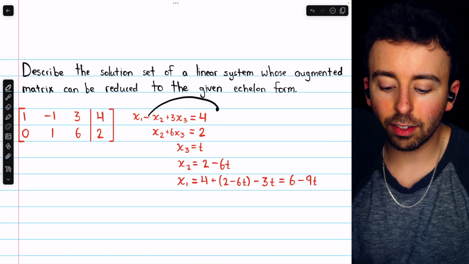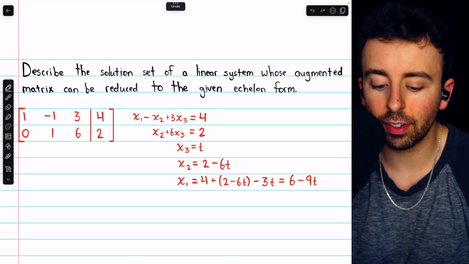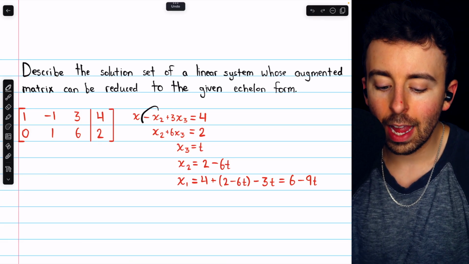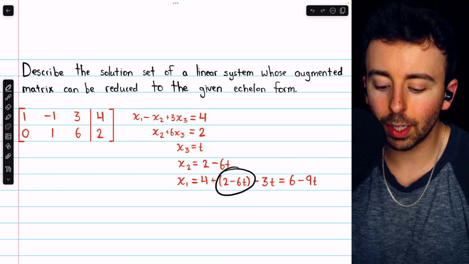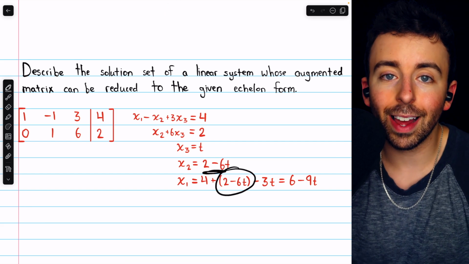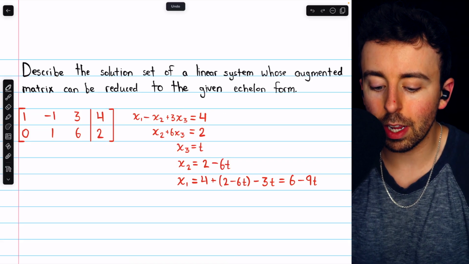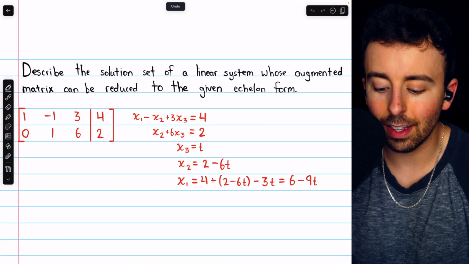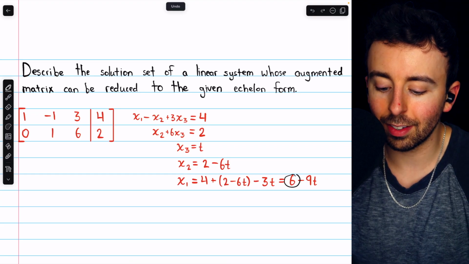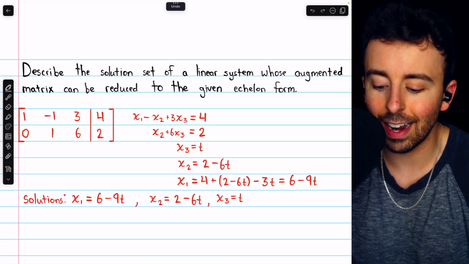Thus, adding x2 to both sides and subtracting 3x3 from both sides, we have that x1 equals 4, and then plus x2, but x2 is 2 minus 6t, so plus 2 minus 6t. And then minus 3x3, but x3 is t, so minus 3t. Then 4 plus 2 is 6, and minus 6t minus 3t is minus 9t.